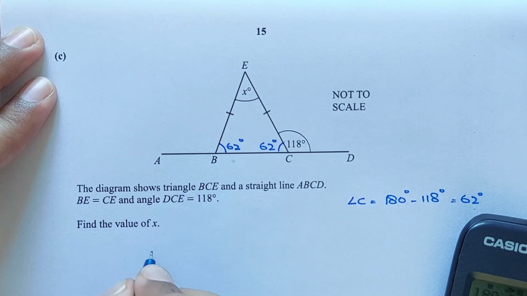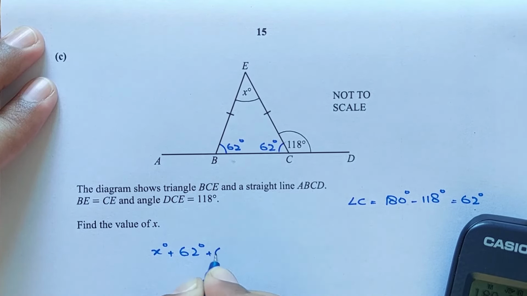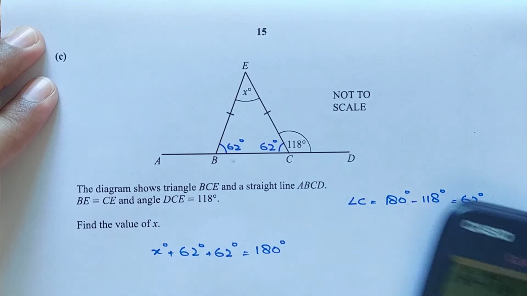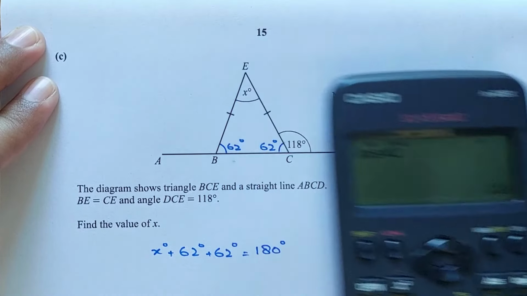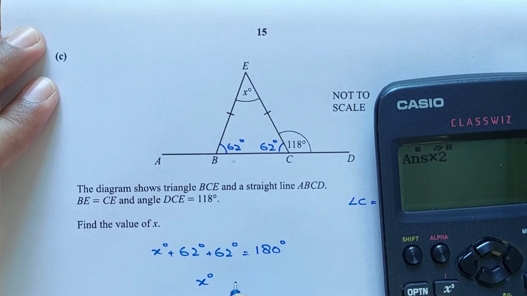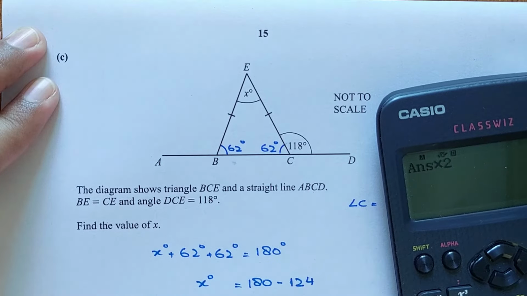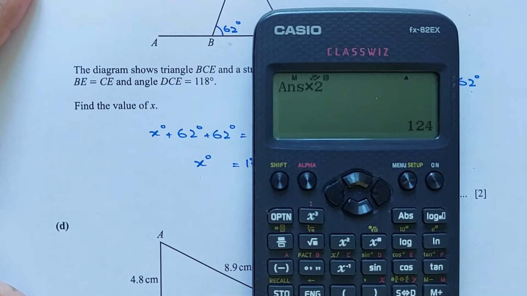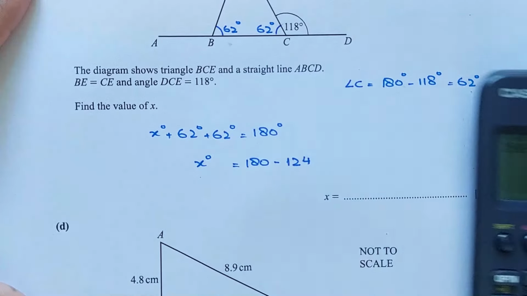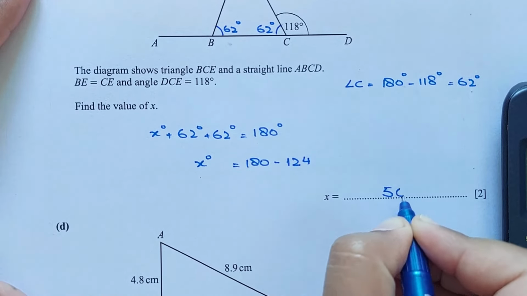To solve for x, the sum of all angles of a triangle adds up to 180. x plus 62 plus 62 is equal to 180. 62 plus 62 is 124. So 180 minus 124 is 56 degrees. So x is 56 degrees.